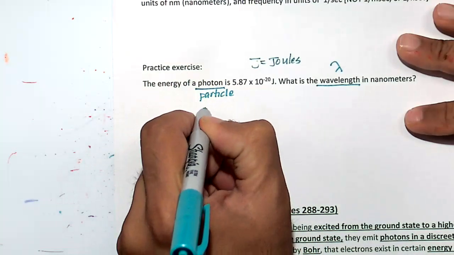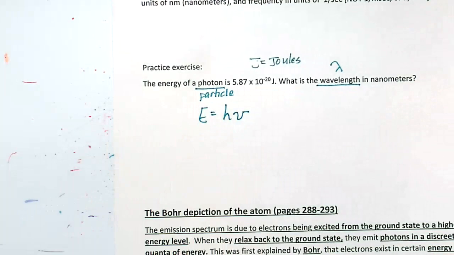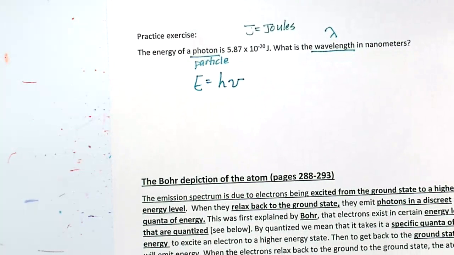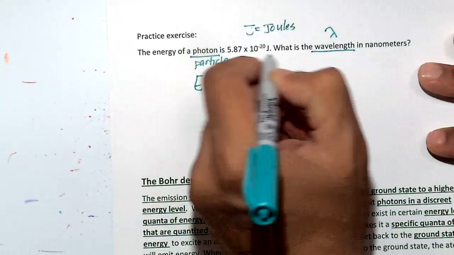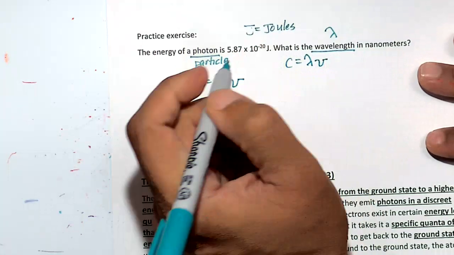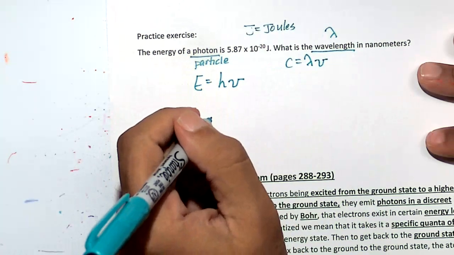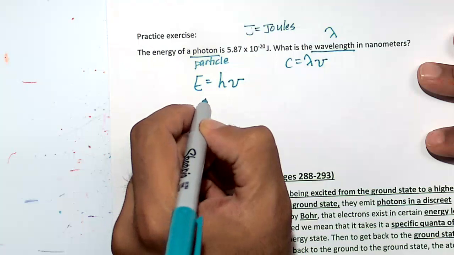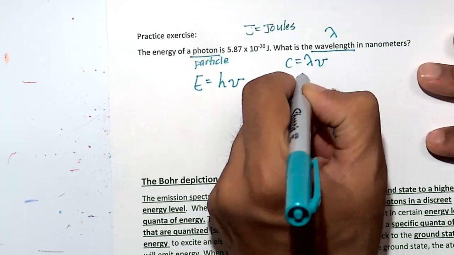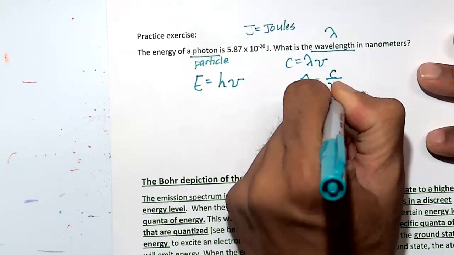Energy is equal to hv. And we know that these things travel at the speed of light. They ask for the wavelength, so wavelength is equal to c over v.